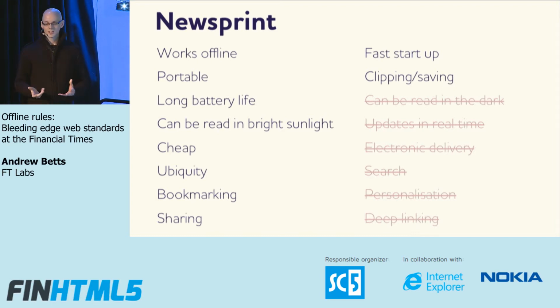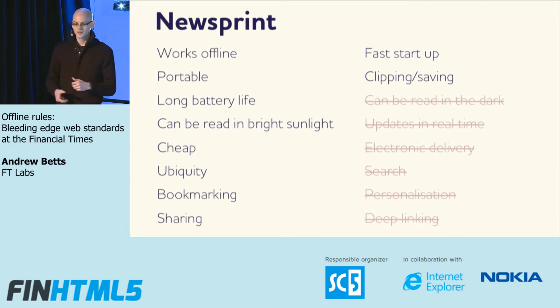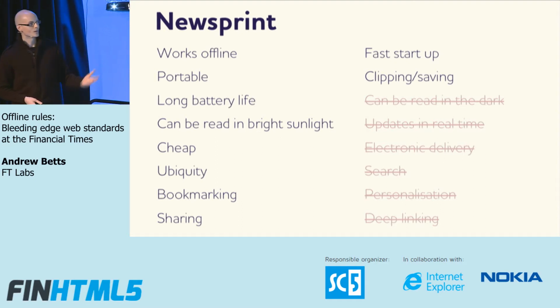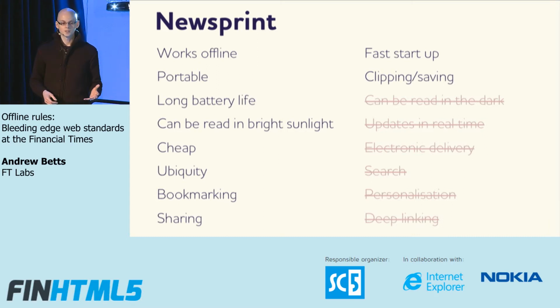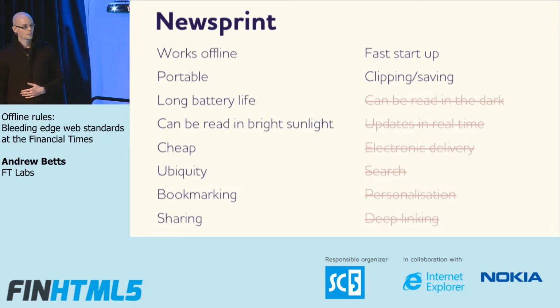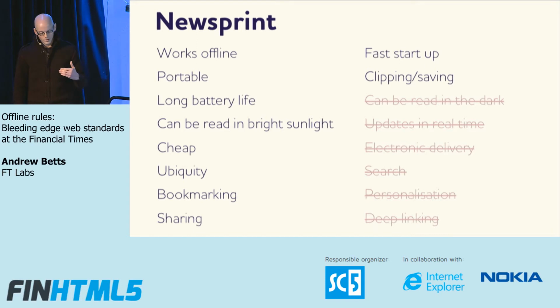I can bookmark and share stuff. I need to use scissors, but nevertheless, that works. I can circle stories I'm interested in. I can write in the margins. When I'm finished with the newspaper, I can give it to someone else. All of these are things which you don't necessarily get by default when you build a digital solution. So we need to be aware of these features which we may be delivering without really thinking about it.